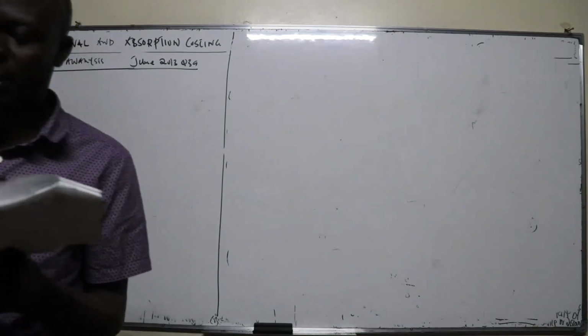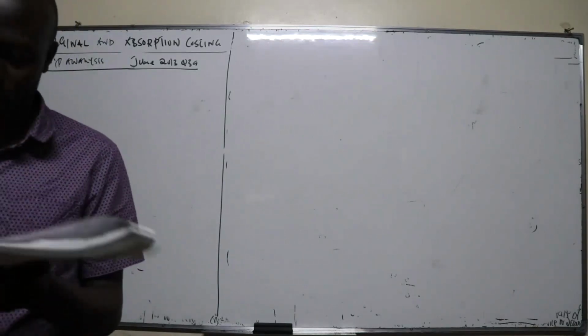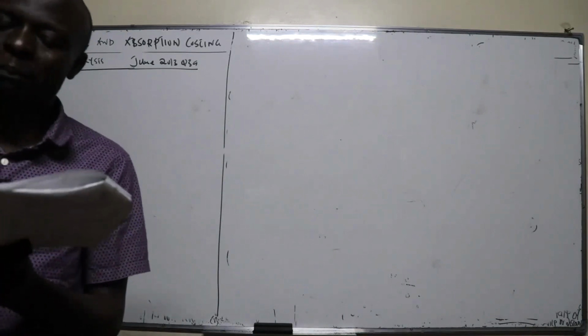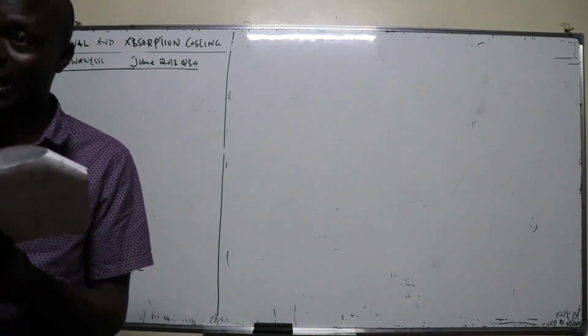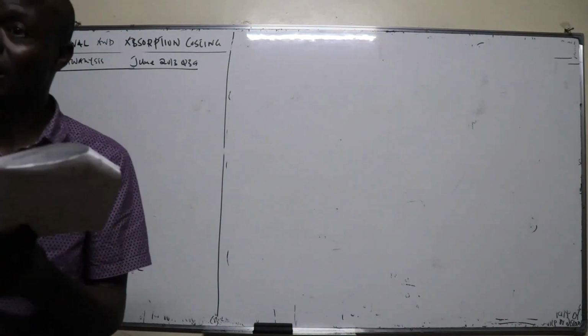Where the question has not given you the number of units, you take the entire sales to be your P, and the variable cost to be your V. Don't look for units when they have not given you the units. When they are asking for the break-even point, you only compute the break-even point in money, in monetary form.